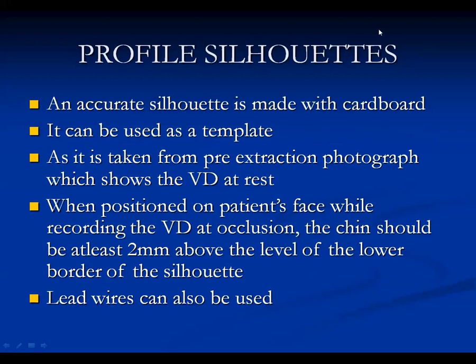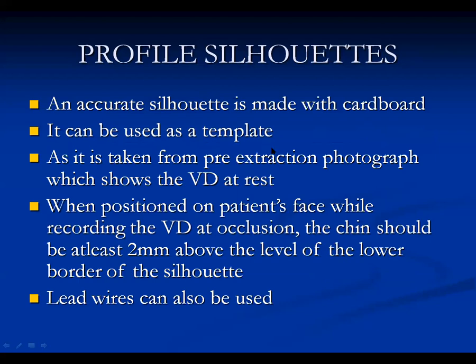Afterwards, profile silhouettes we can prepare. Profile silhouettes are just like cardboard. With the help of cardboard, we make something like a stencil by using the patient's original photographs. An accurate silhouette is made with cardboard.